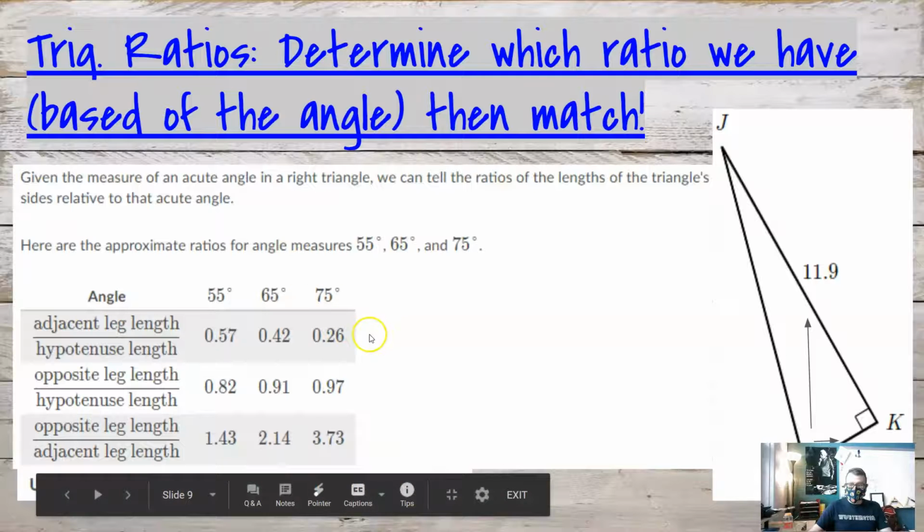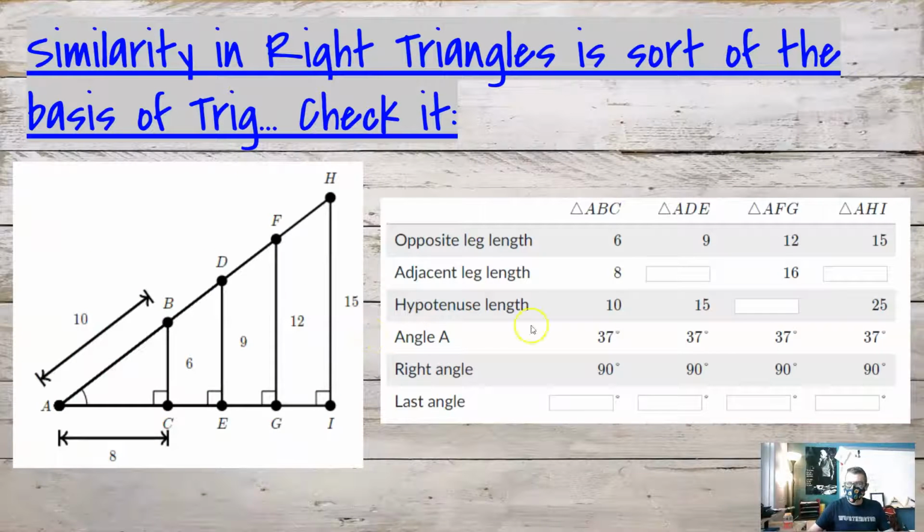If we look at the ratio of 6 to 8, or 10 to 8, or 10 to 6, we can standardize that ratio. We'd have 0.6, 0.8, 0.75. We can compare our leg lengths, and we know the ratio will be preserved no matter what size of triangle.